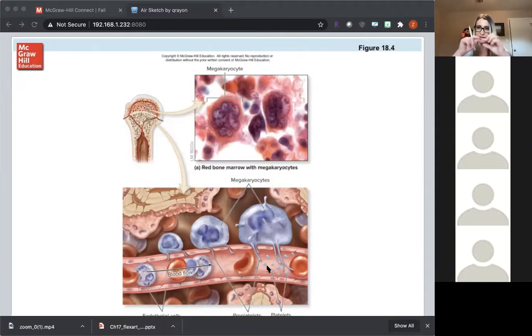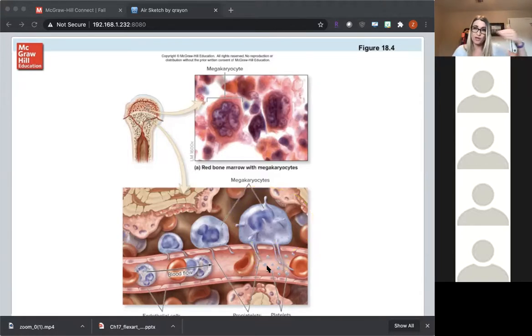It's just a single row of cells, and so megakaryocytes will sit on the outside of the capillary. And those proplatelets will eventually stick through the gaps between the cells. Even if there are not really necessarily gaps, the proplatelets will kind of push themselves between the 2 cells, and they will stick inside like this.